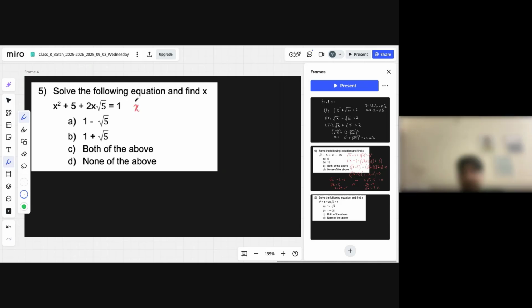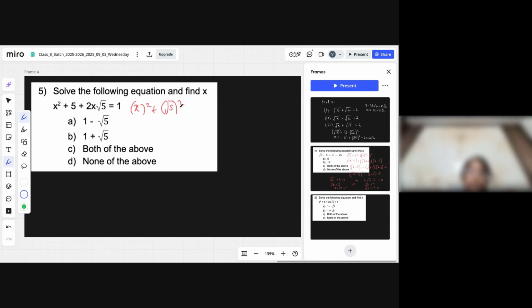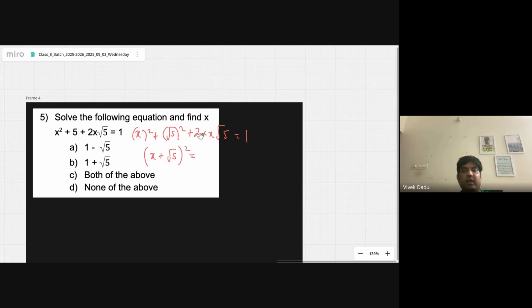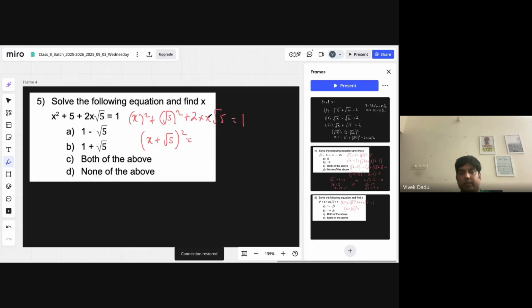Yes, sir. Do you realize left hand side is this? So left hand side can be written as x plus root 5 whole square is equal to 1. Okay?